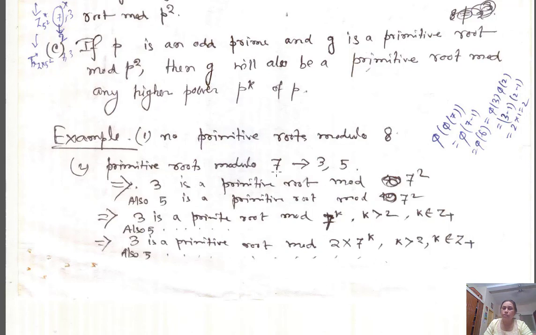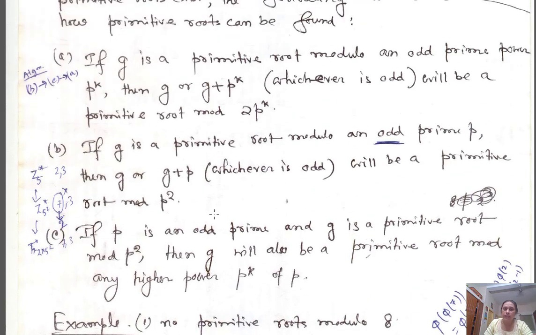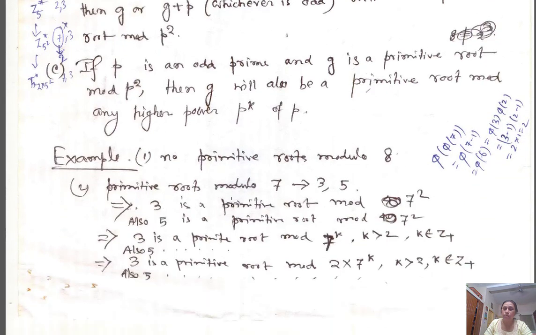So 3 is also a primitive root modulo 7 square, and 5 is also a primitive root modulo 7 square. We have seen that if g is a primitive root modulo a prime p, then either g or g plus p will be a primitive root modulo p square. So modulo 7 square, we know 3 and 5 are primitive roots modulo 7.